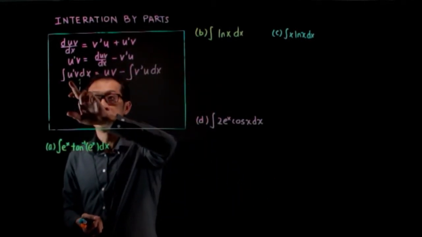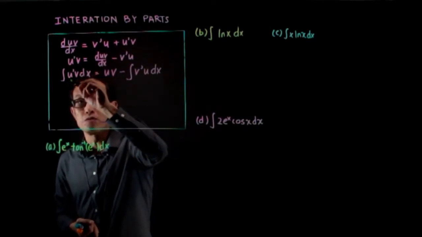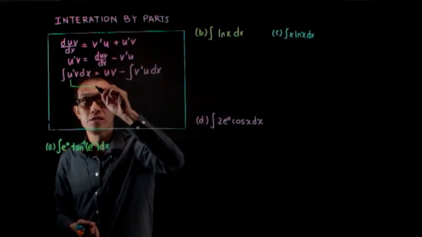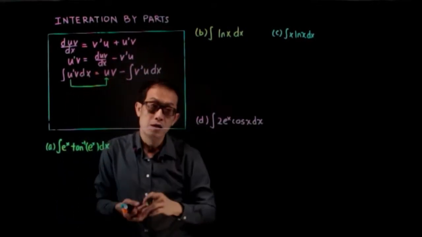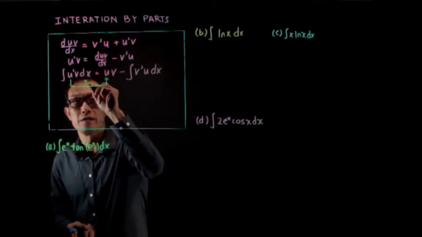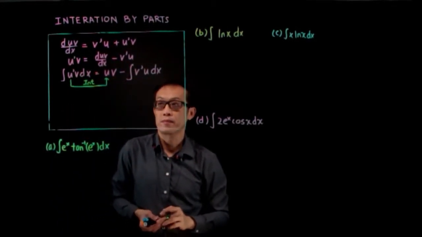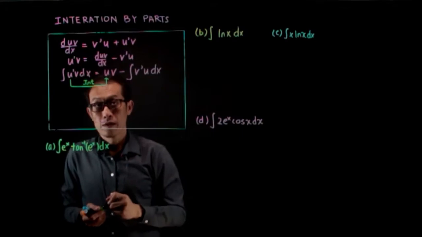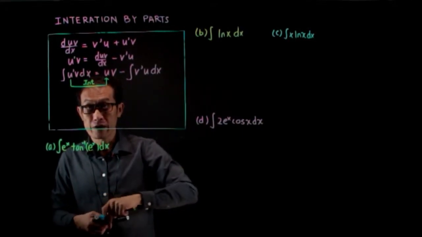Now this is the differential of u. What you do is first you do the integral of this. So you integrate u prime with respect to x, you get u. So the first one you integrate. Then, let me use a different color.